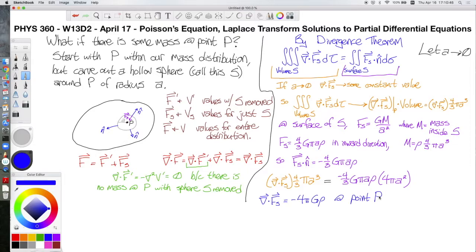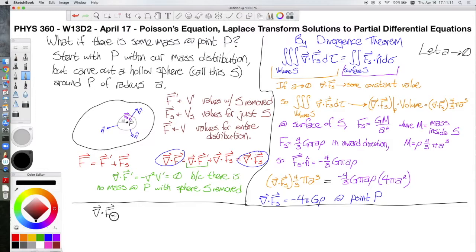And we know from before that the divergence of Fs is equal to the divergence of F from back over here. So we can rewrite all of this in the following way. The divergence of Fs is equal to the divergence of F, which is equal to negative 4 pi G rho.